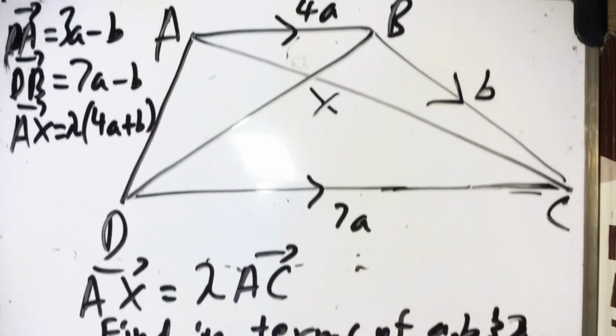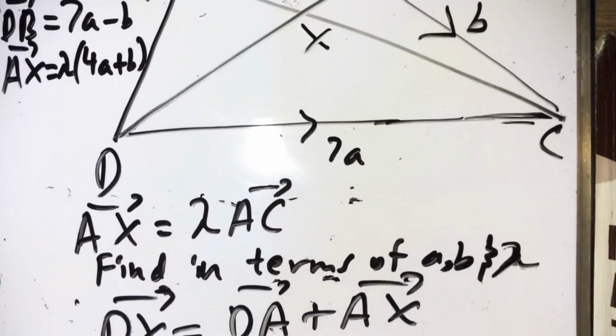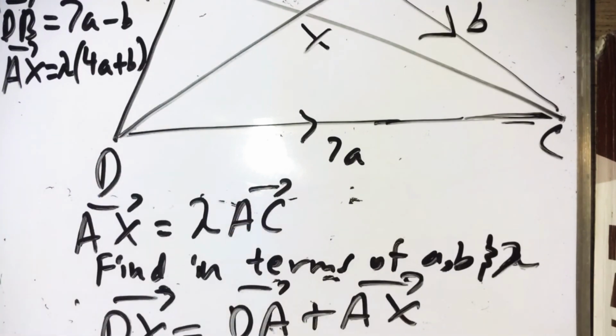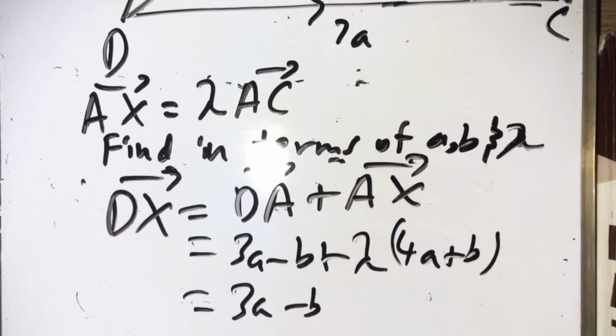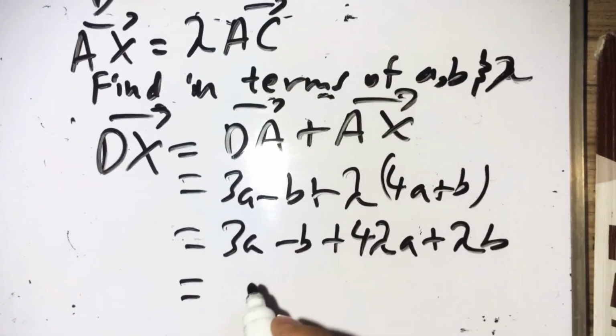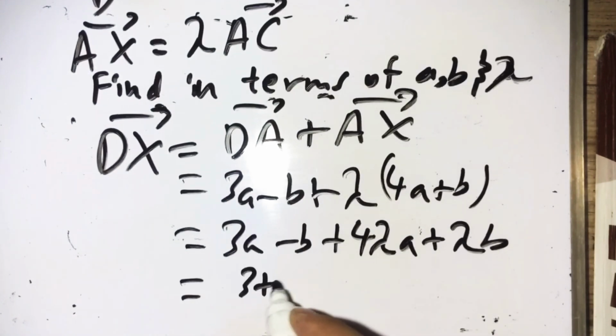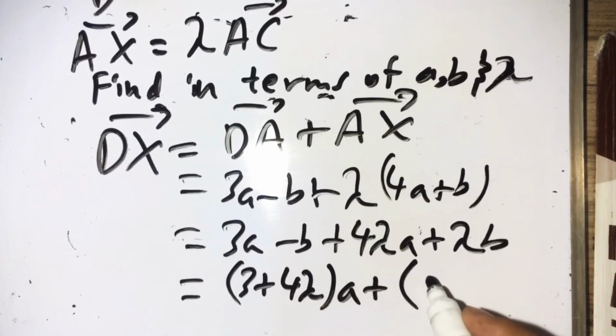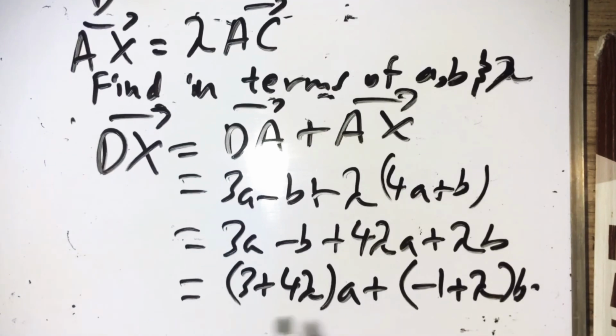DA we found as 3a minus b, and AX we found as lambda times (4a plus b). So 3a minus b plus 4 lambda a plus lambda b equals, we'll take a common from these two, so (3 plus 4 lambda)a plus (minus 1 plus lambda)b. This is DX.